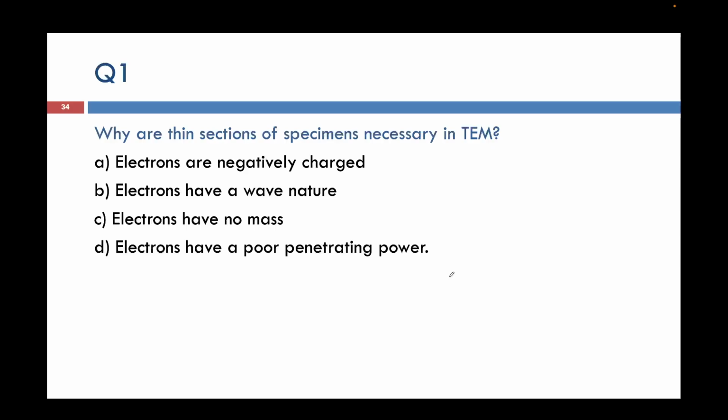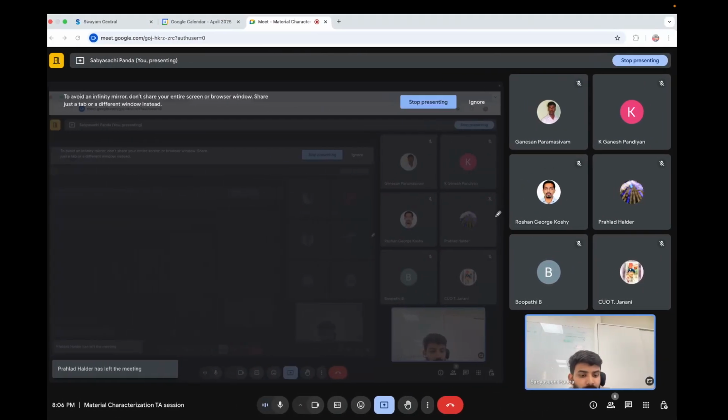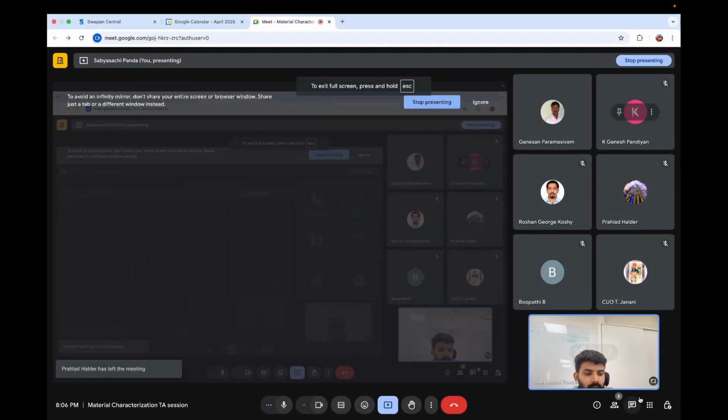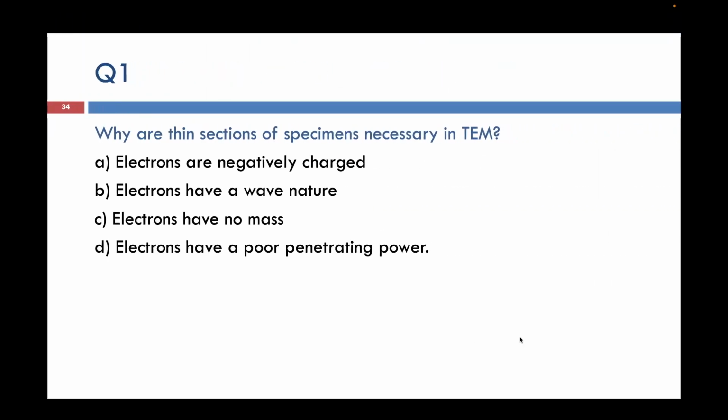Why are thin sections of specimen necessary in TEM? Can anyone answer? Electrons are negatively charged, have a wave nature, have no mass. Electrons have poor penetrating power. Yes, D. Electrons have poor penetrating power.